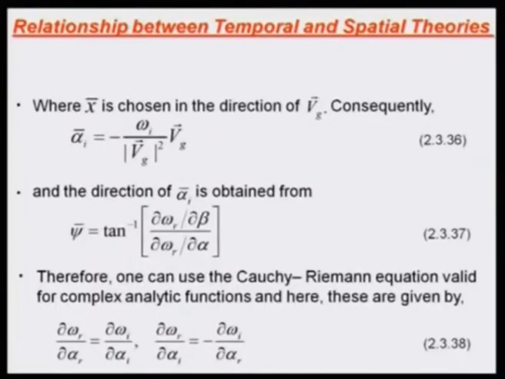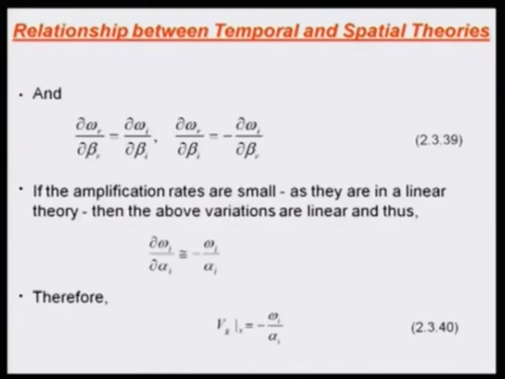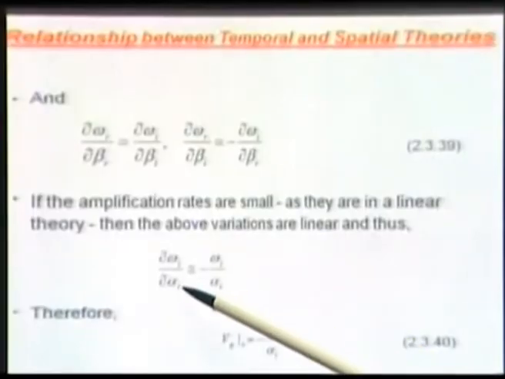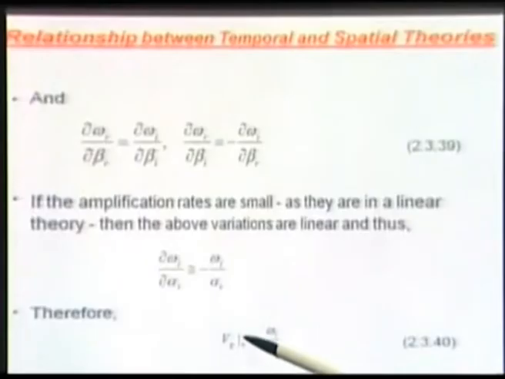Then we write this quantity: del omega I by del alpha I is equal to this. That itself was Vgx. So, this is an expression for Vgx. Vgx simply turns out to be minus omega I by alpha I.